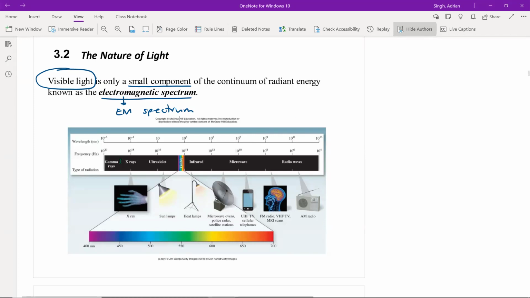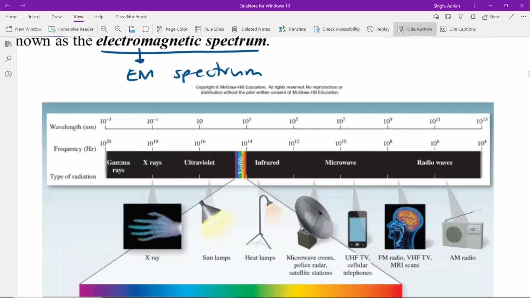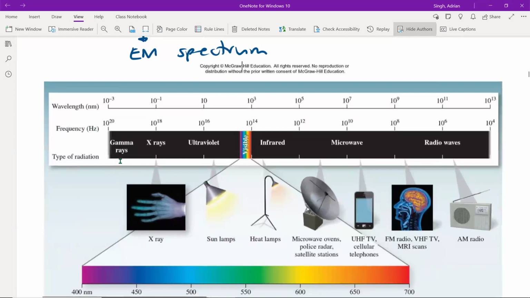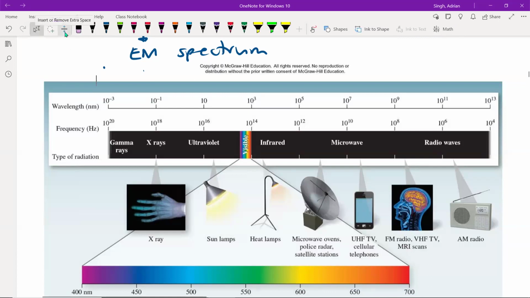So if we take a look at one such picture of the electromagnetic spectrum, this is from your textbook, we will see that the visible light is actually an extremely small part of the spectrum as a whole. Okay, so for example, visible light, the light from the rainbow, ROY G BIV, your little mnemonic that you use to help remember the different colors, only makes up this small percentage here.